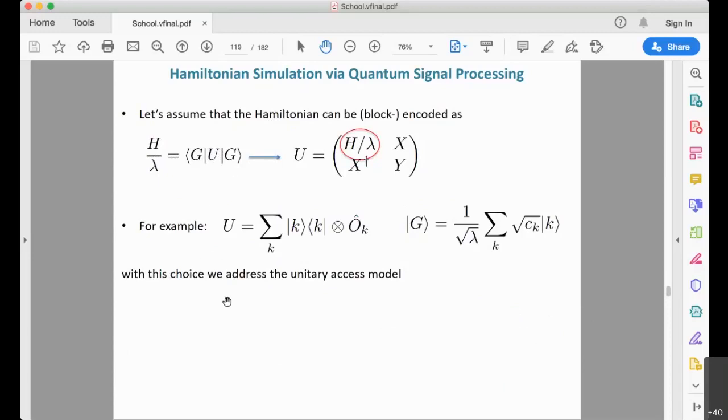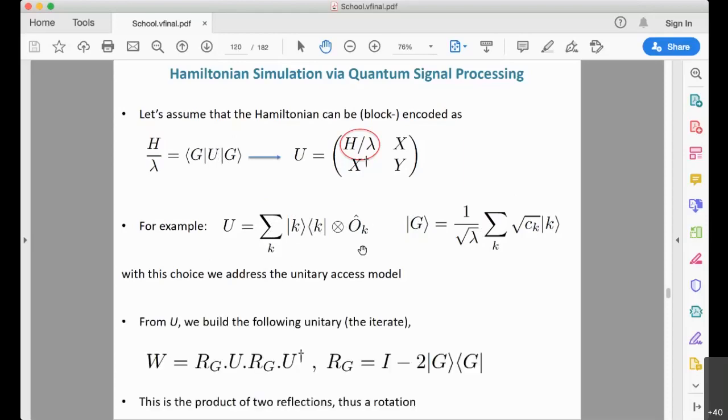Then, for example, in our case, we could assume that our unitary was this thing here: conditional on some ancillary state being in K, I implement the Pauli product of K, right? And then my state G could be this linear combination. You can plug in the things here, and you can show that when you do that, you obtain exactly the sum over CK of OK, as we had before.